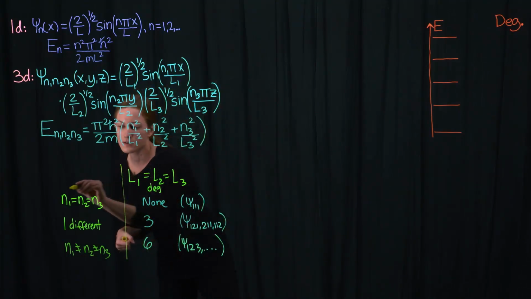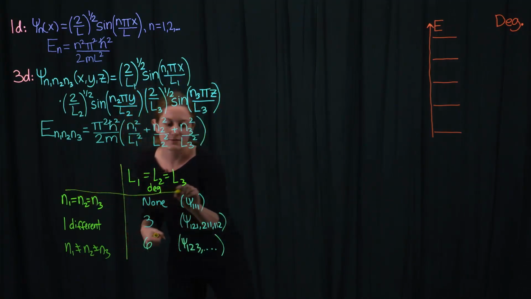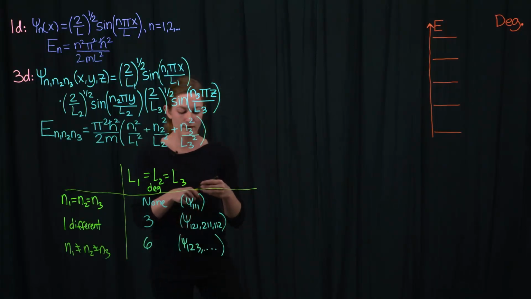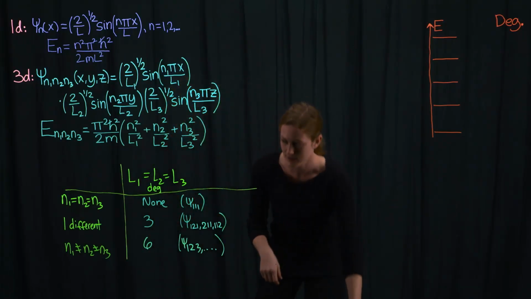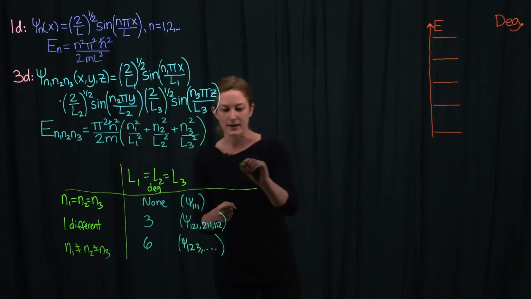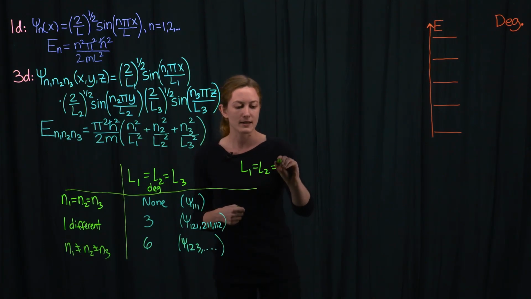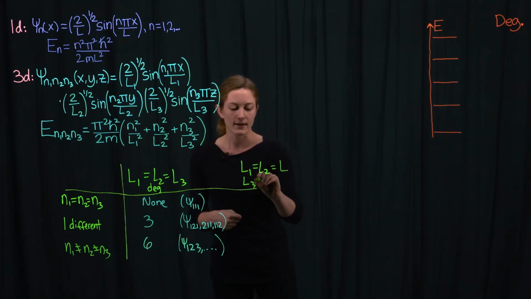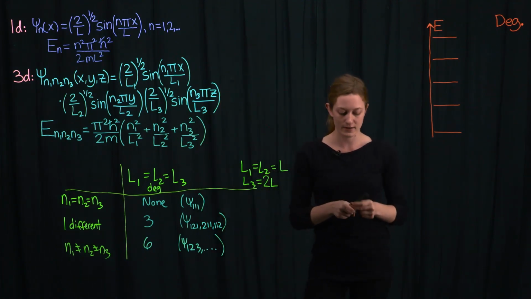For now, let's write the first 5 energy levels for our asymmetric box. So for the problem at hand, we have L1 equals L2 equals L, and L3 equals 2L, so the z direction is twice as long.